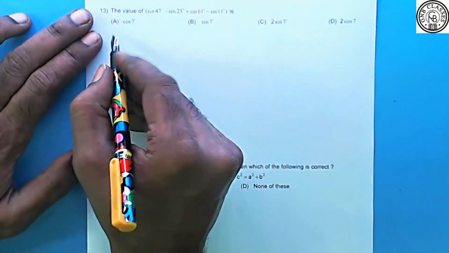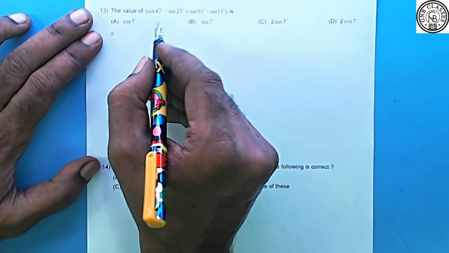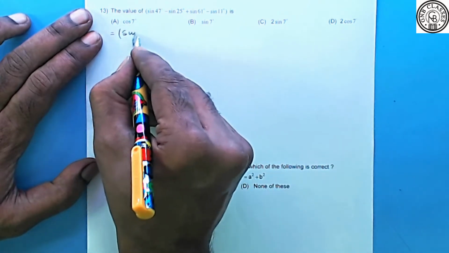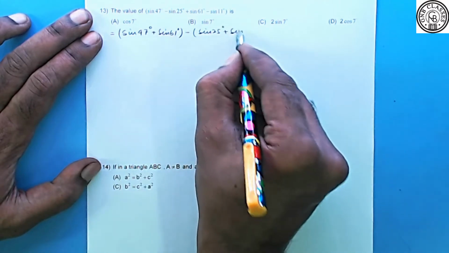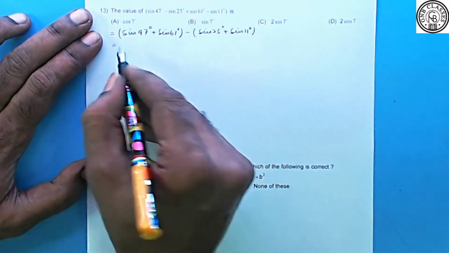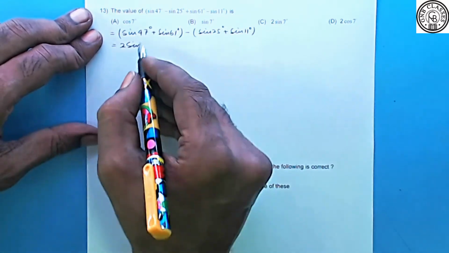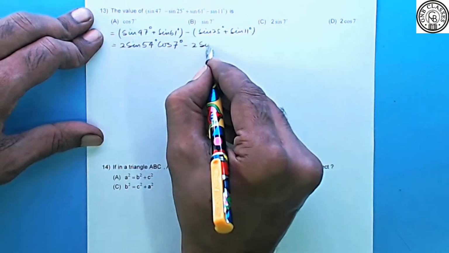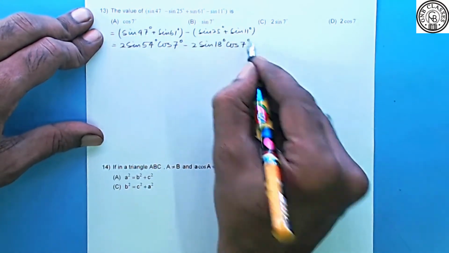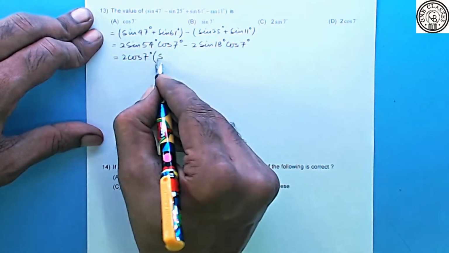Now the given expression, I am grouping the terms according to our need. So now applying the formula of sin C plus sin D. Let me take 2 cos 7 degrees common.